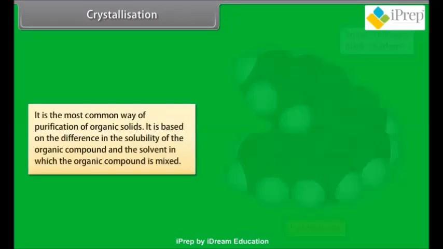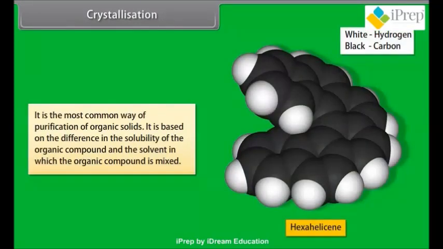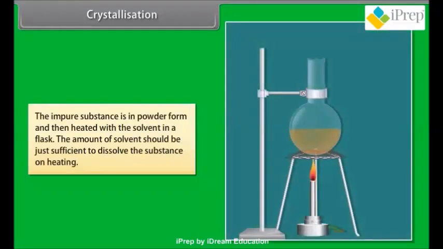Crystallization. It is the most common way of purification of organic solids. It is based on the difference in the solubility of the organic compound and the impurities in the solvent. The impure substance is powdered and then heated with the solvent in a flask. The amount of solvent should be just sufficient to dissolve the substance on heating.